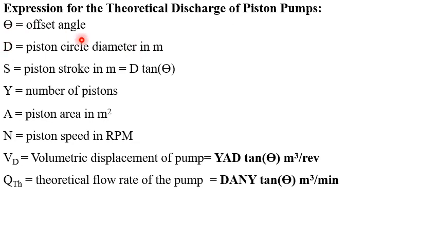Here, theta is the offset angle, D is the piston circle diameter in meter, S is the piston stroke in meter, that is D tan theta, Y is the number of pistons, A is the piston area in meter square, N is the piston speed in rpm, Vd is the volumetric displacement of the pump, that is Y A D tan theta in meter cube per revolution, and QTH is the theoretical flow rate of the pump, that is D A N Y tan theta meter cube per minute.